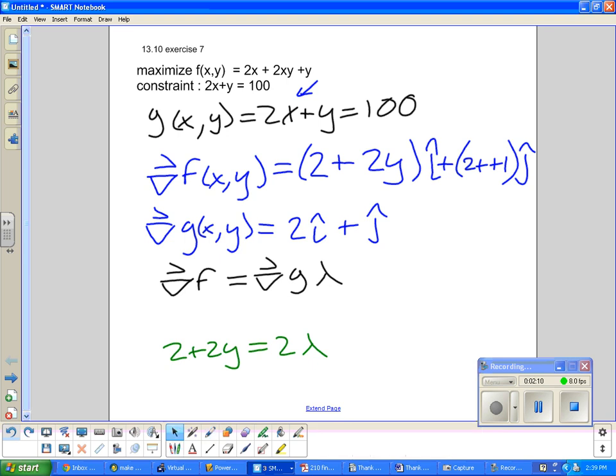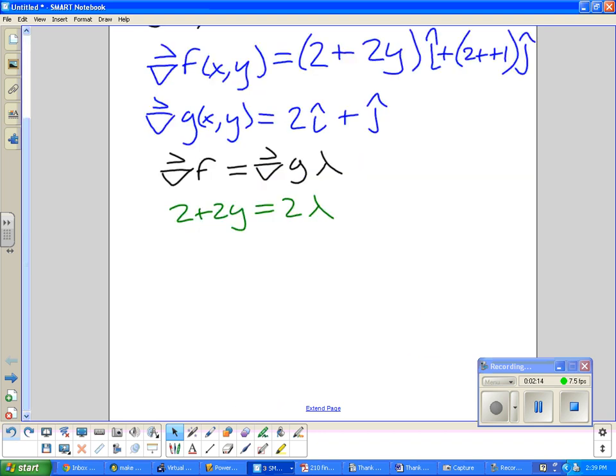We set the j values equal to each other, which is 2x plus 1 is equal to 1 lambda.